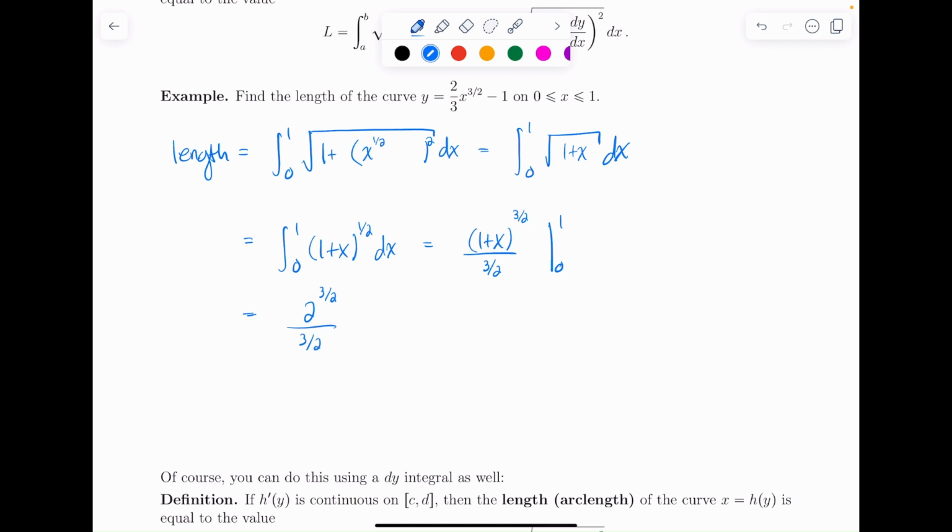And if I plug in 0, I'm going to get 1 to the 3/2 over 3/2. And I can clean this up a little bit. It looks like I'm going to end up getting, if I pull out the 2/3 out front, because that's 1 over 3/2, it looks like here I'm going to end up with square root of 8 minus 1.